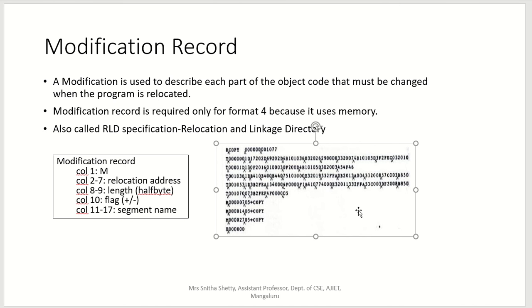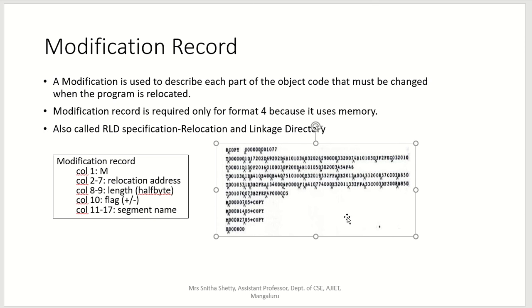Now how to mention it? See, M, and as I told, 0007. Each instruction is 4 bytes, format 4, right? It needs modification. In the last displacement or address field, it contains 20 bits.